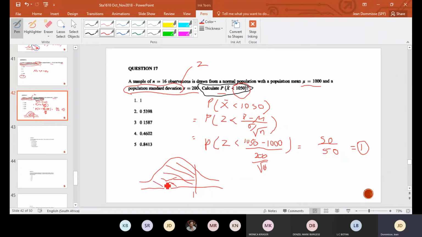So we will go to that normal table, table A3 or something like that, where Z is 1, and that value will be equal to 0.8413. So this one we can read straight off that table, and we will get the value as option 5.